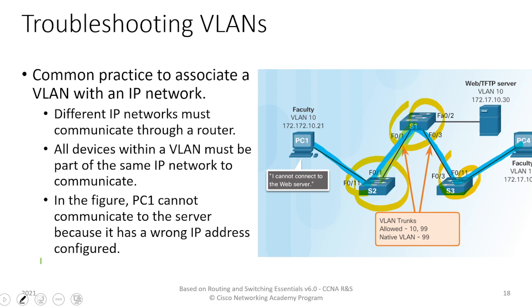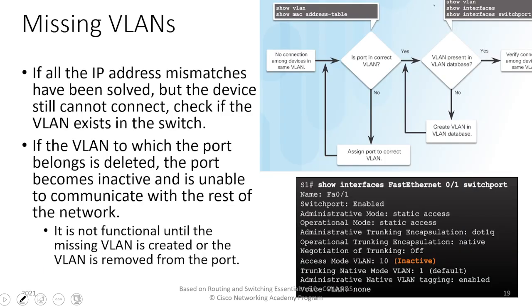The communication between PC1 and PC4 needs to go through all these switches. Each of these switches and the associated ports that are connected, the trunks, all of them should have all the relevant VLAN information. If any one of these is missing any of the necessary VLAN information, again, we will not be able to establish a connection appropriately.